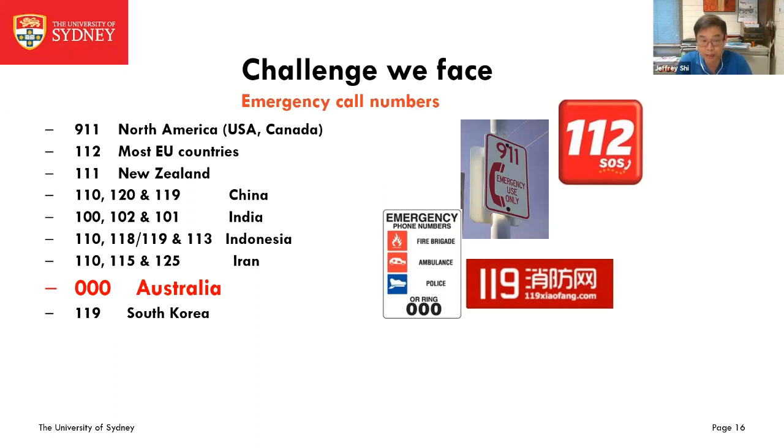That type of number is deep in their memory. In case of emergency, their reaction may not be to call 000 in Australia, but the number from their original country. So that's something we have to repeat and repeat. You are in Australia, you are working in an Australian laboratory, you have to follow the Australian laboratory safety rules.